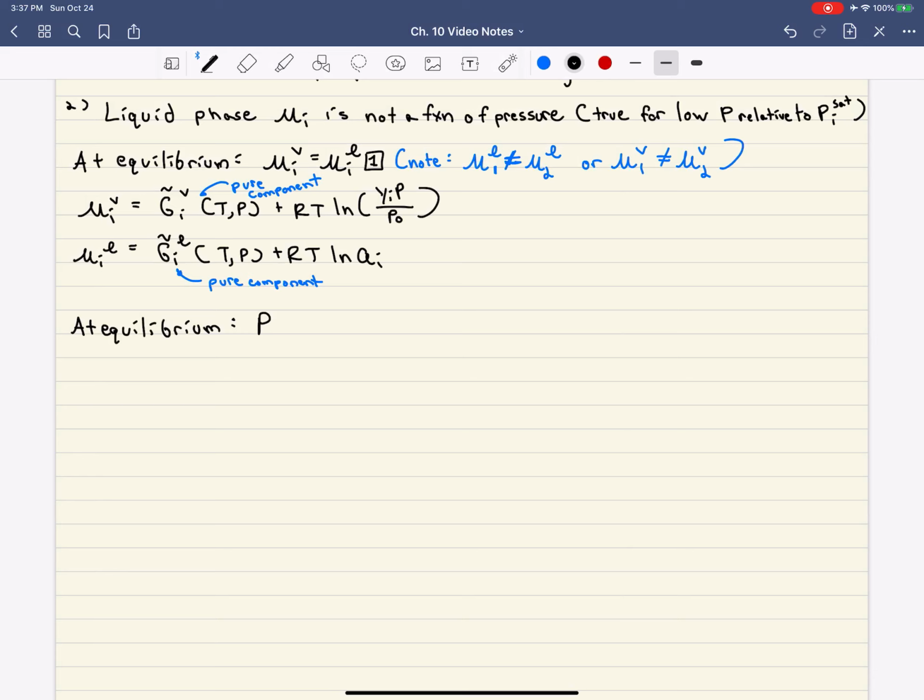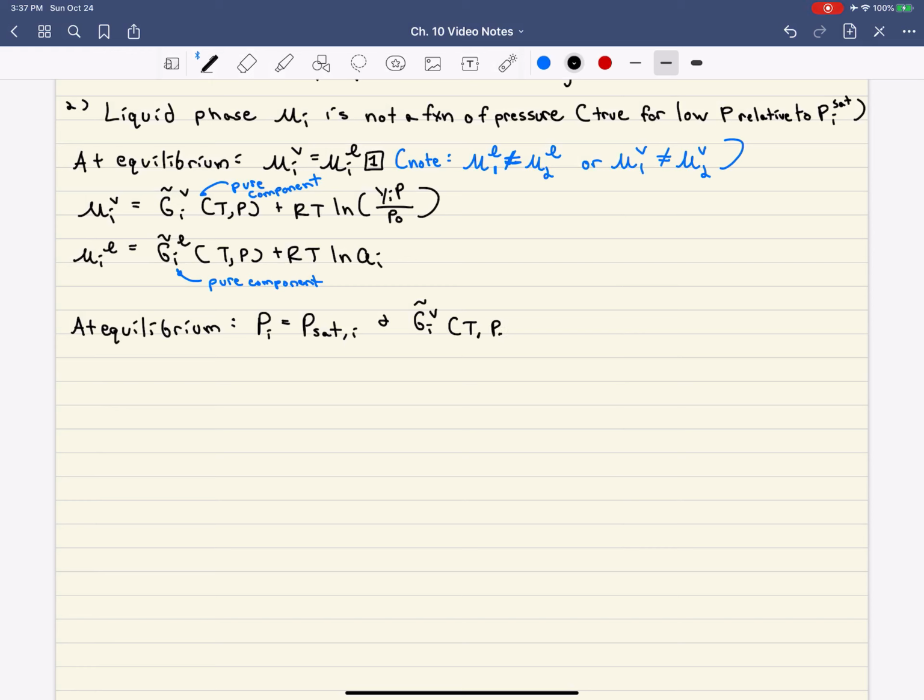For mechanical equilibrium, all the pressures in the system have to be the same, and specifically that would correspond to the saturation pressure or the vapor pressure of a particular species. And so Pi is equal to P sat I.